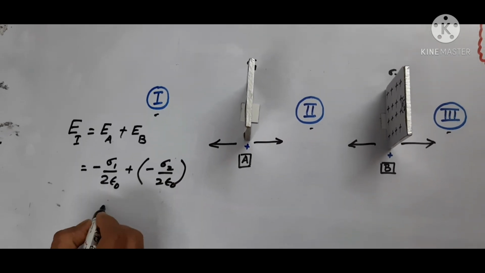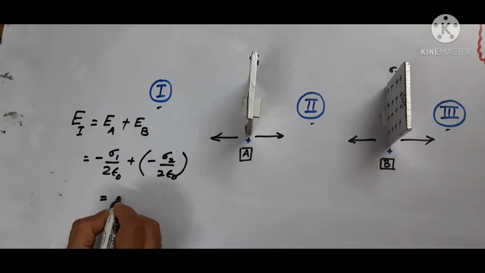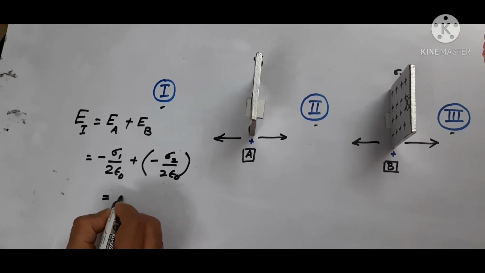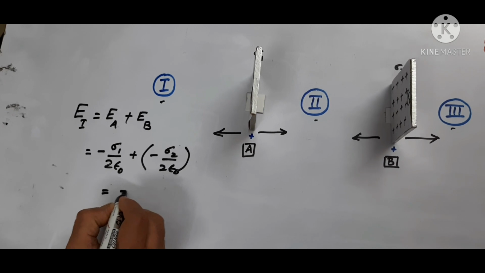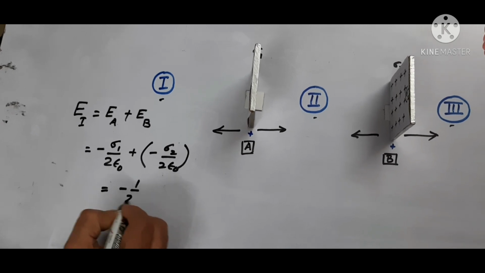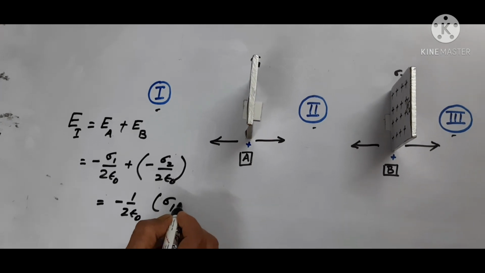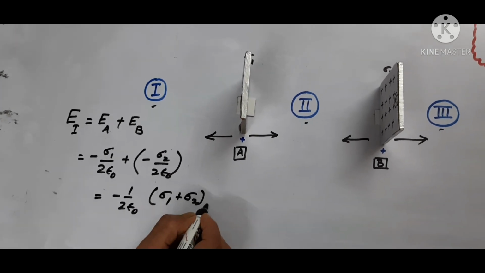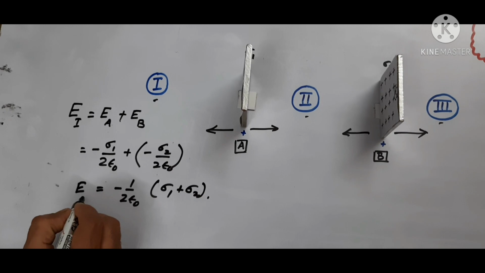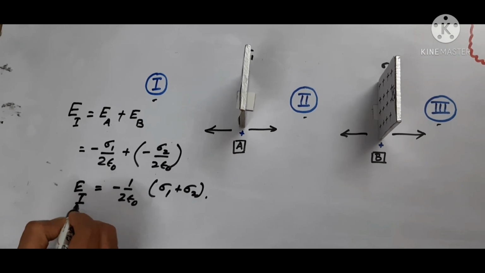Taking common, it is minus 1 by 2 epsilon naught times sigma 1 plus sigma 2. That is the net electric field intensity at region 1.